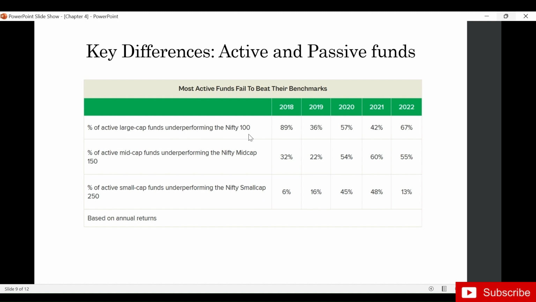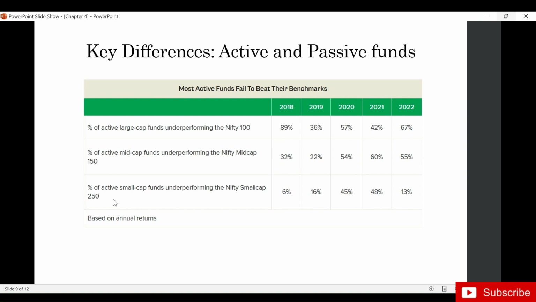This means only 33% of funds were able to give better returns as compared to the Nifty 100. In the second row, we are talking about the percentage of active mid-cap funds that underperform the Nifty Mid-Cap 150. So in the year 2022, 55% of the active mid-cap funds underperformed the benchmark. This means only 45% gave better returns than its benchmark index.